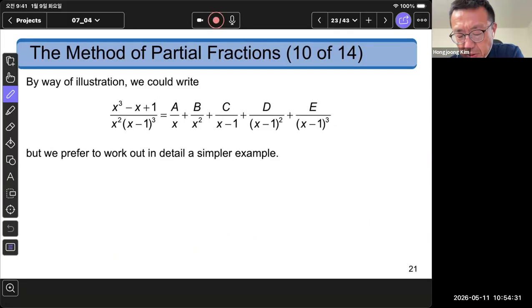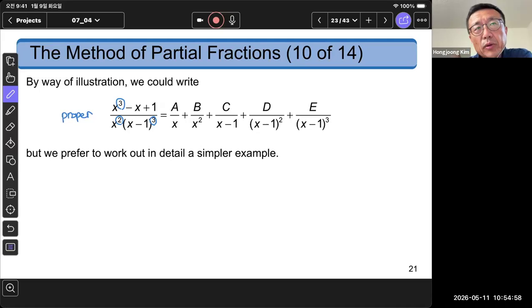So let me give some example. Suppose that I have this cubic polynomial in the numerator and fifth order polynomial in the denominator. So I have a proper rational function. So you don't perform the long division.